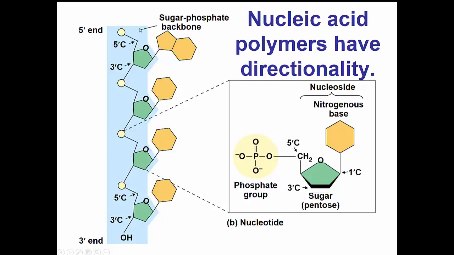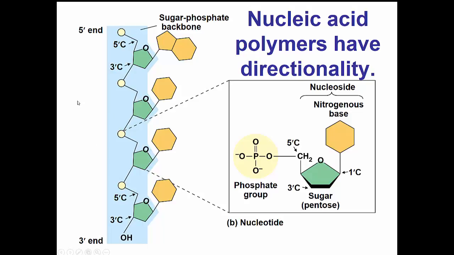And because these assemble in this linear manner, this means that nucleic acids actually have directionality. One end is always going to have this 5' phosphate group, the phosphate that's attached to the 5' carbon, so we can label that the 5' end, while the other end always has a hydroxyl group that's attached to the 3' carbon, so we can label that end the 3' end.